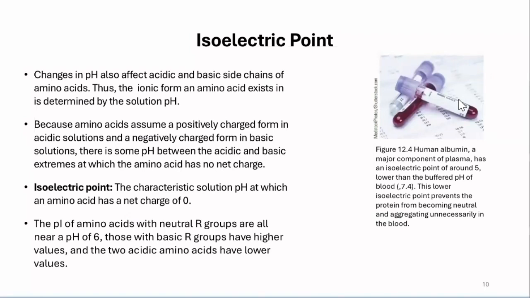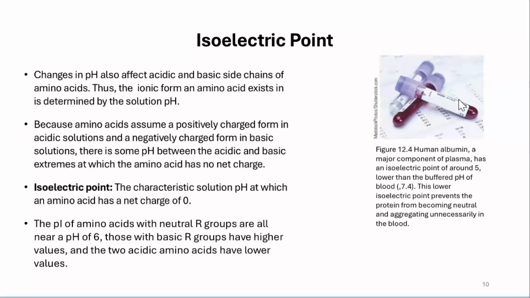We can observe an application of the isoelectric point by looking specifically at human albumin. In figure 12.4, we actually have an image of blood samples. Human albumin is a major component of plasma, which is one of the things that we have in blood. Albumin has an isoelectric point of around 5, which happens to be an isoelectric point that is lower than the pH of blood, which tends to be 7.4.